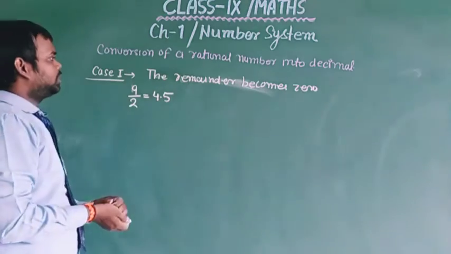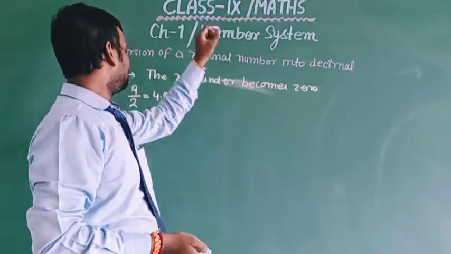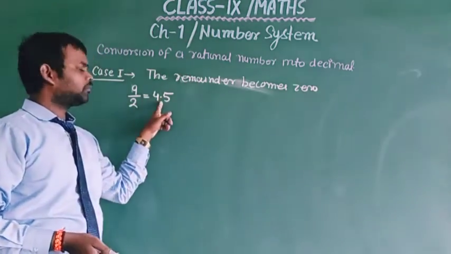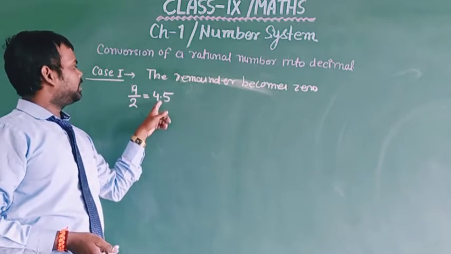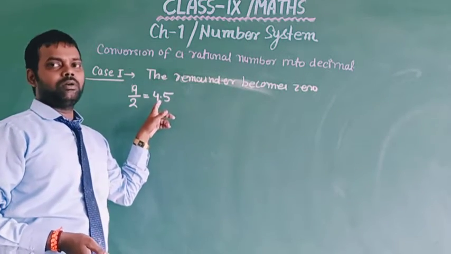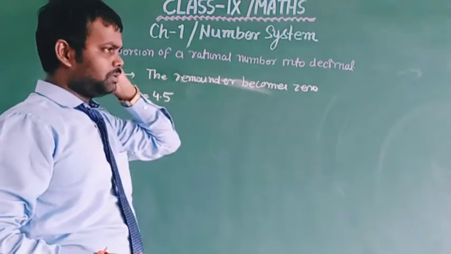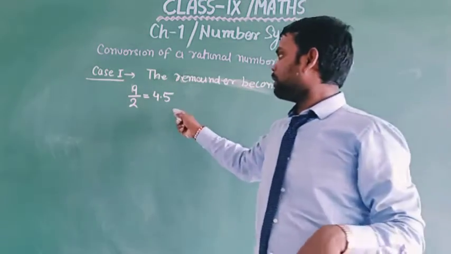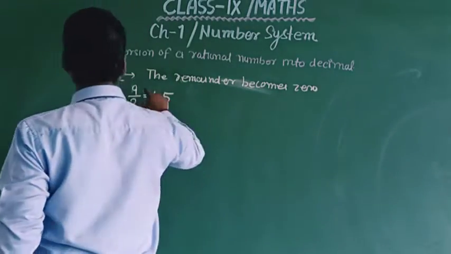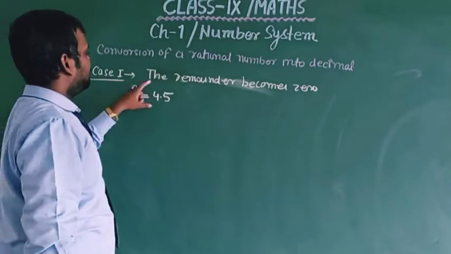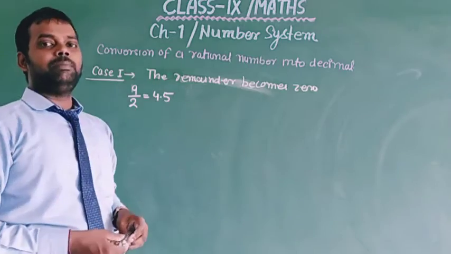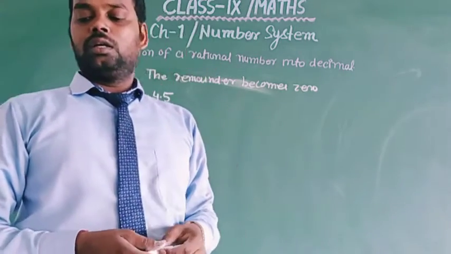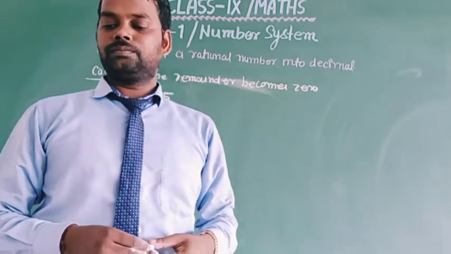Here the remainder becomes 0 after a finite number of steps. So such a rational number is called terminating.